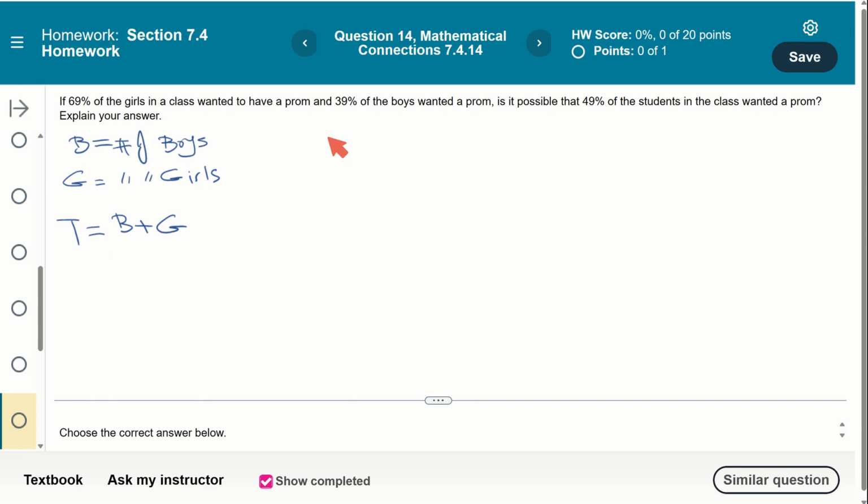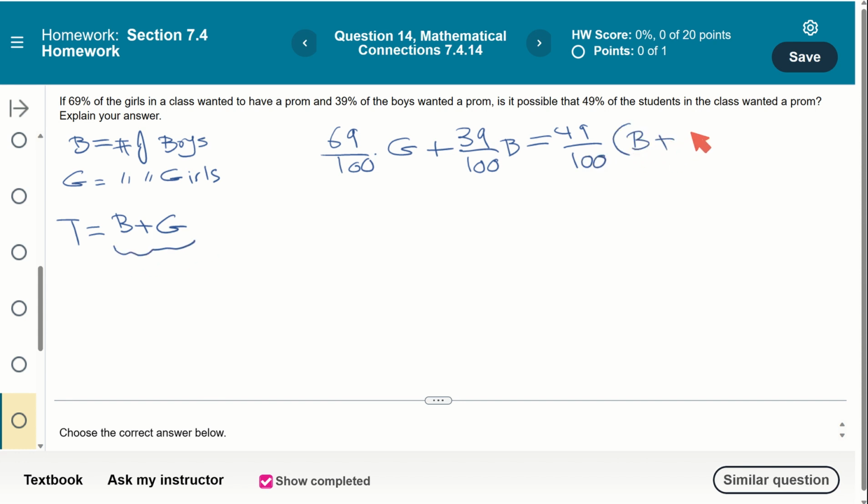We want 69% of the girls, so 69 over 100 times the number of girls, plus 39% of the boys, so 39 over 100 times B. We want that to equal 49% of the total number, which is B plus G, right?